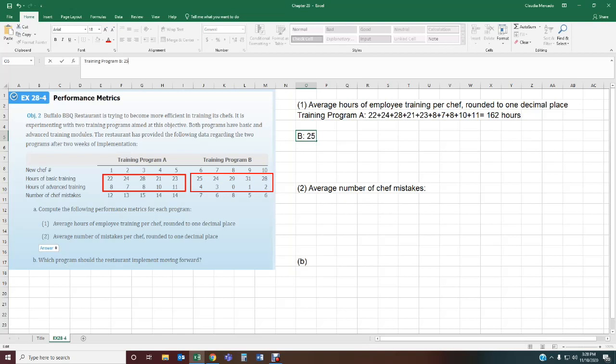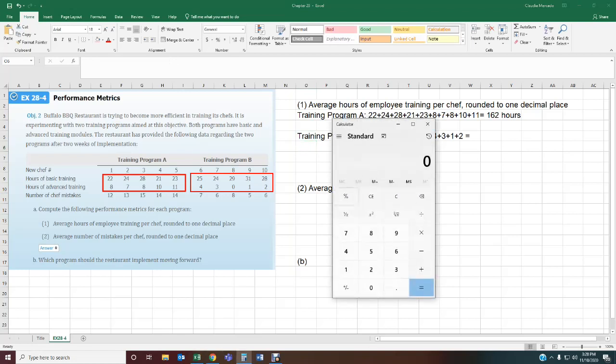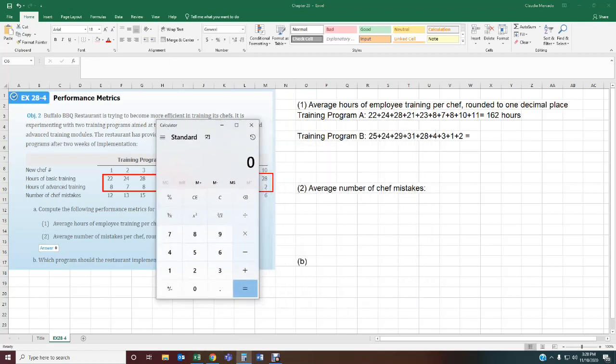So we have 25 plus 24 plus 29 plus 31 plus 28, plus the advanced training, which is 4 plus 3 plus 1 plus 2. That gives me 147 hours.